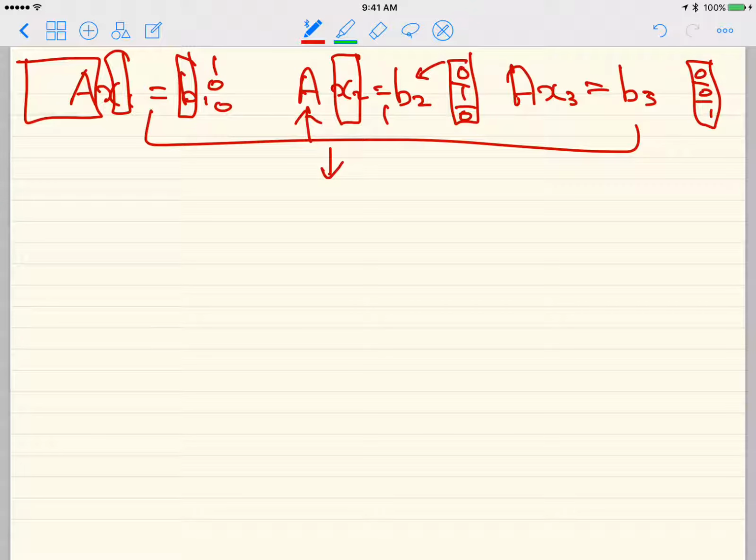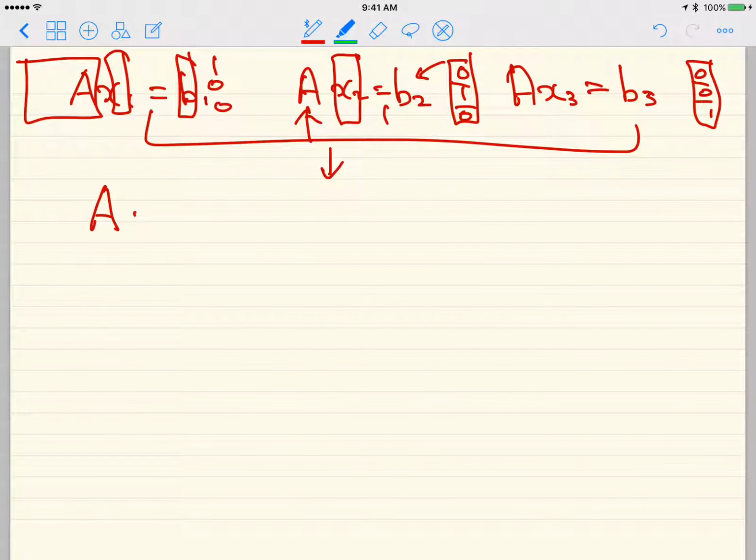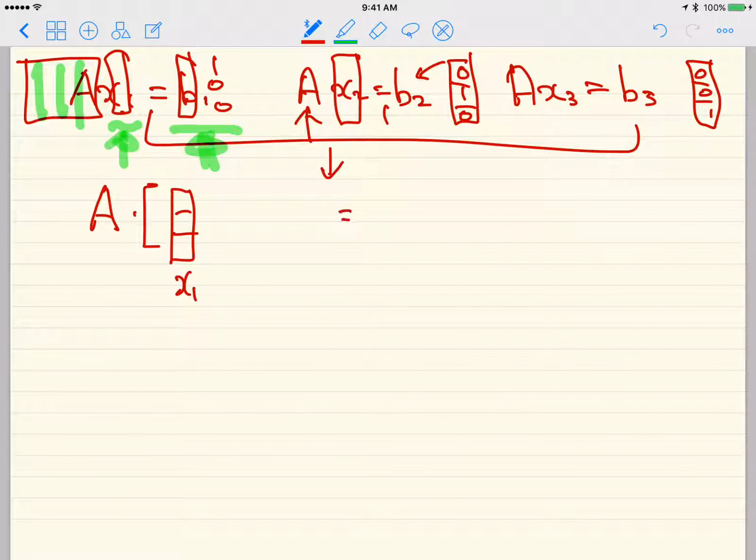And in this case, each of them is a linear system, and then we can actually combine them together nicely into this form. It's almost the same thing that I explained last time. So if we have 3 columns in A, and we linearly combine them to obtain this resulting vector, then this X is X1, and the resulting vector should be B1, 1, 0, 0.